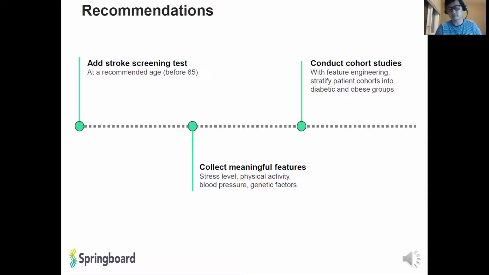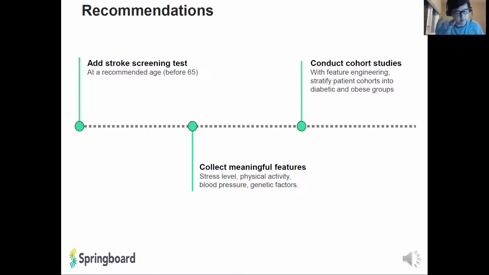I definitely want to recommend that the hospital collect stress level, physical activity, blood pressure, and other genetic factors. And third, my last recommendation is to conduct a cohort study with feature engineering techniques. Basically, stratifying the patient cohort into, let's say, diabetic or obese patient groups.